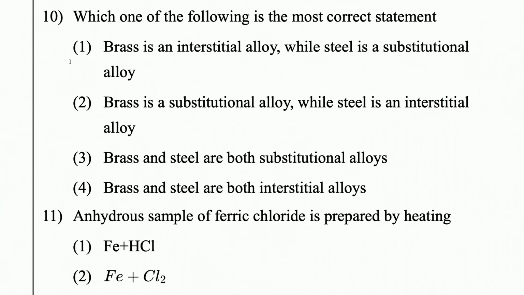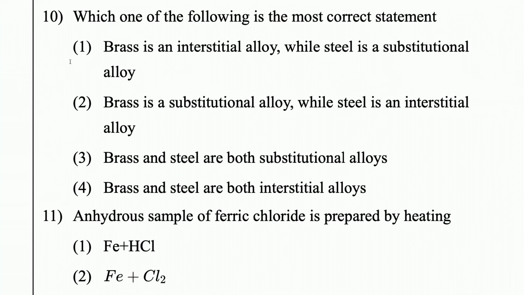Within the metal, if a particular metal is there, gaps will be there, and those gaps are filled by carbon, hydrogen, nitrogen; that is called interstitial. So brass is a substitutional alloy while steel is an interstitial alloy.